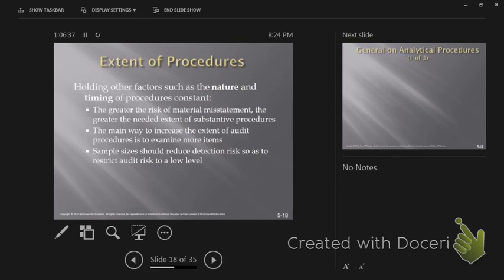And then the extent of the procedures, holding other factors into key when we're looking at things. The greater the risk of materiality, the greater the extent of the testing. Right? The more problems we found, we'd go out there and, for example, when I would do terminated user IDs, I would always go out and test terminated user IDs.